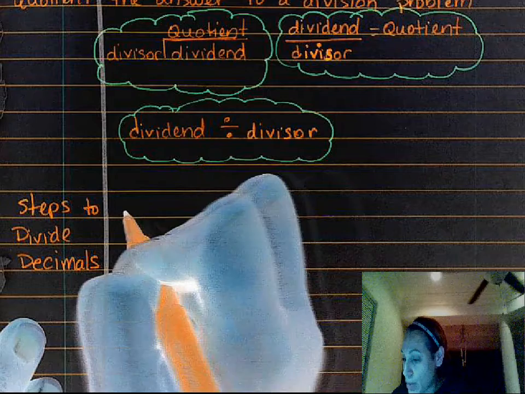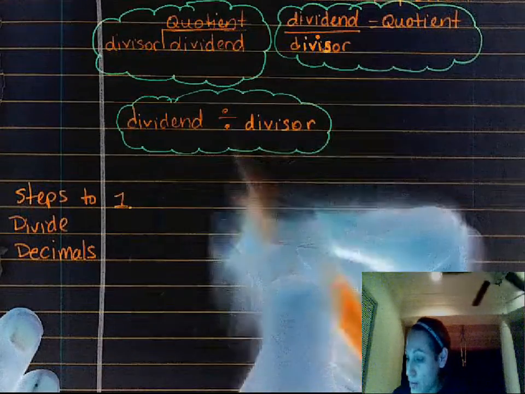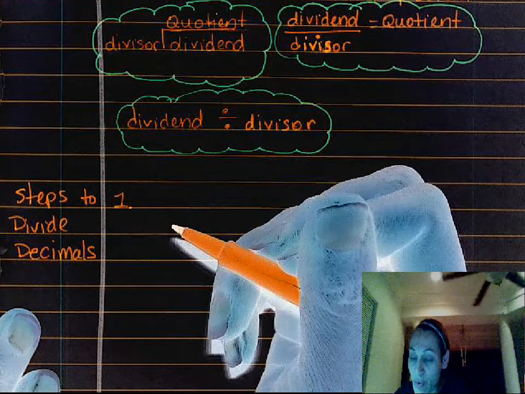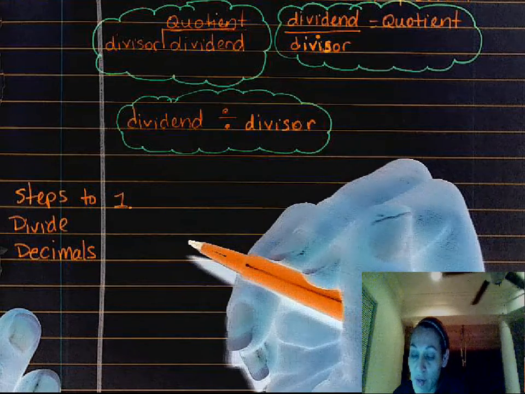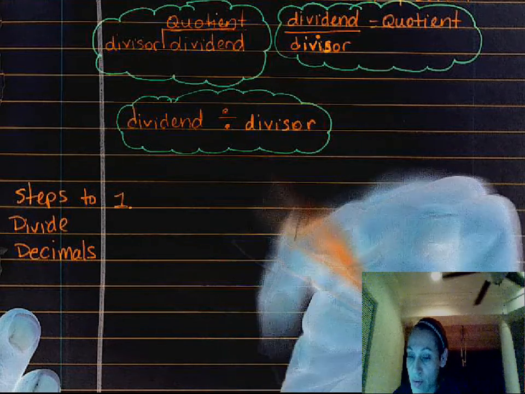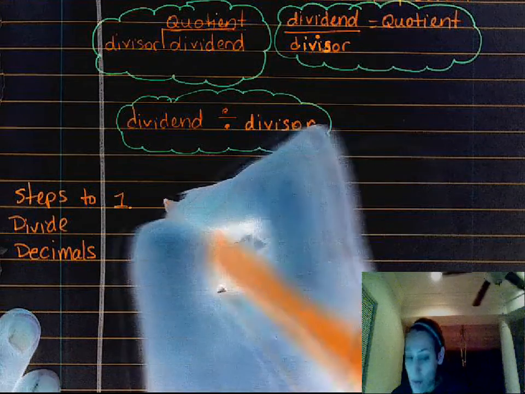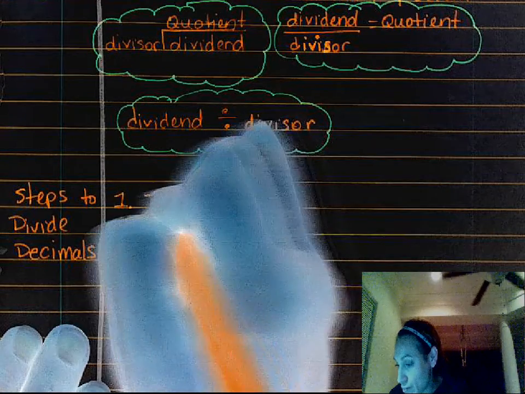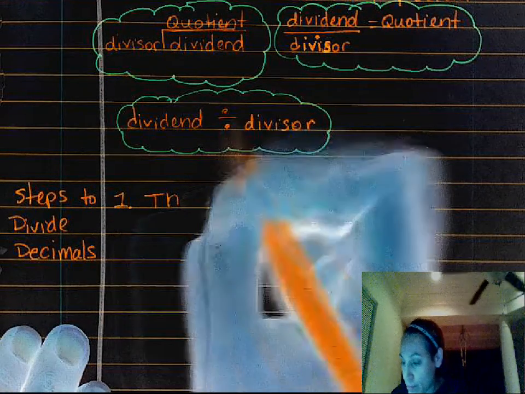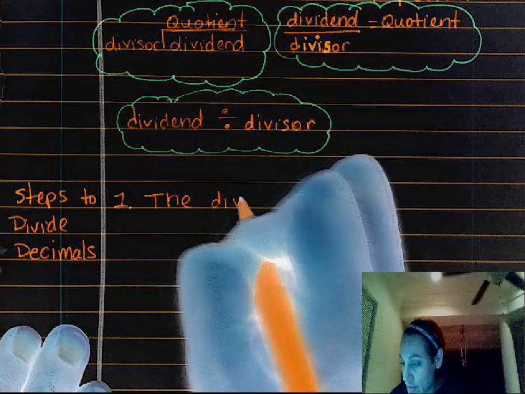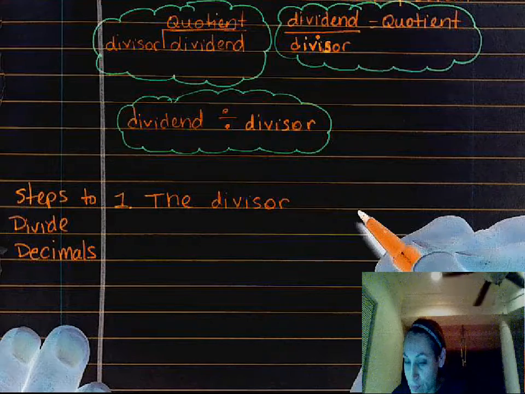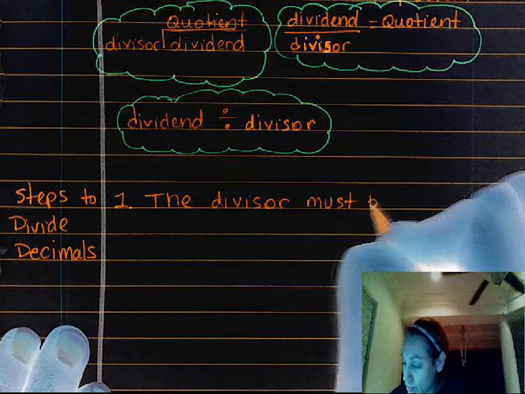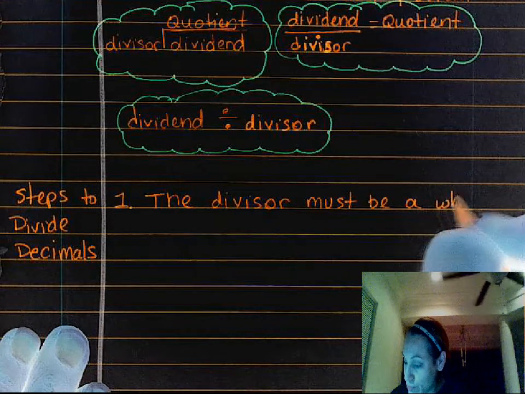Alright, so step one: your divisor has to be a whole number. So if the divisor isn't a whole number, you're going to have to move the decimal to the right until it's a whole number. The divisor must be a whole number.